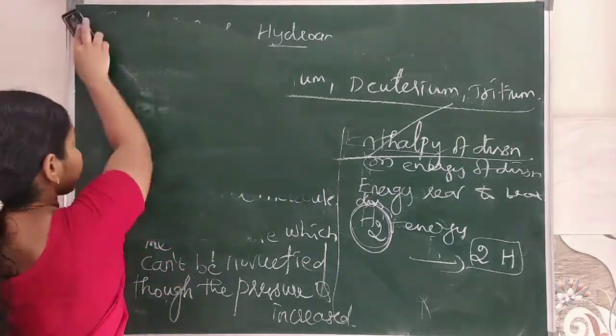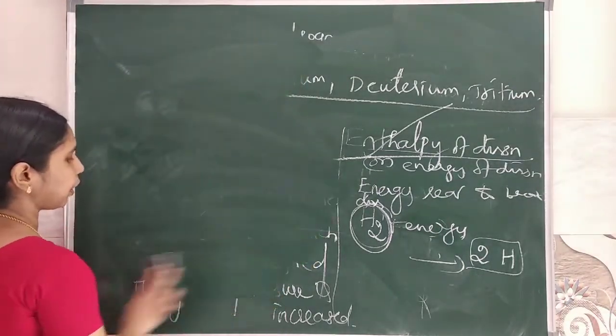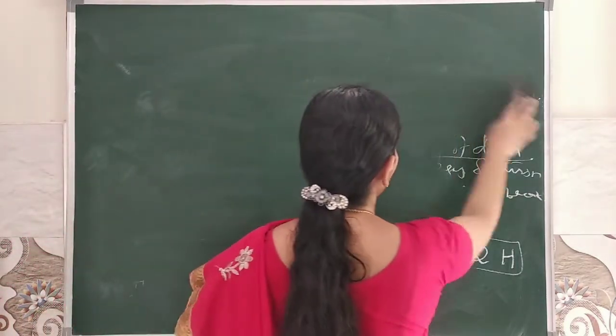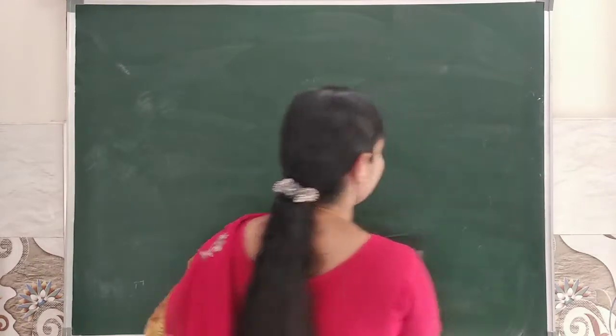Depending upon the spin of hydrogen nuclei, when a molecule is formed, students, 2 atoms combine to form a molecule.